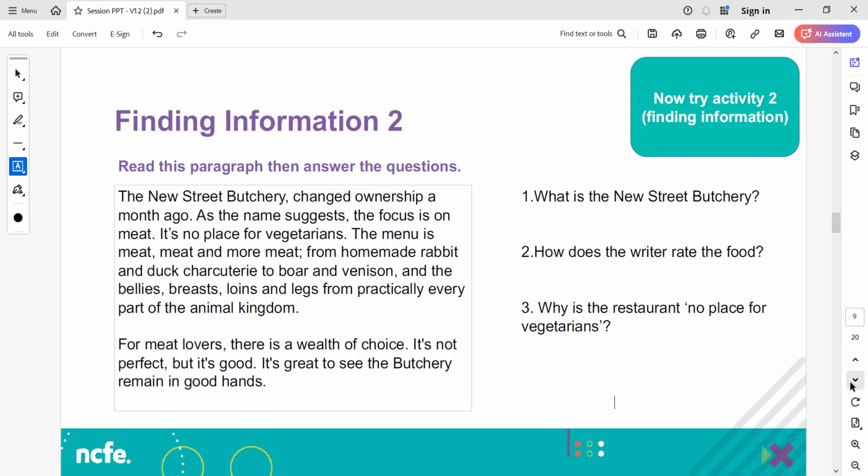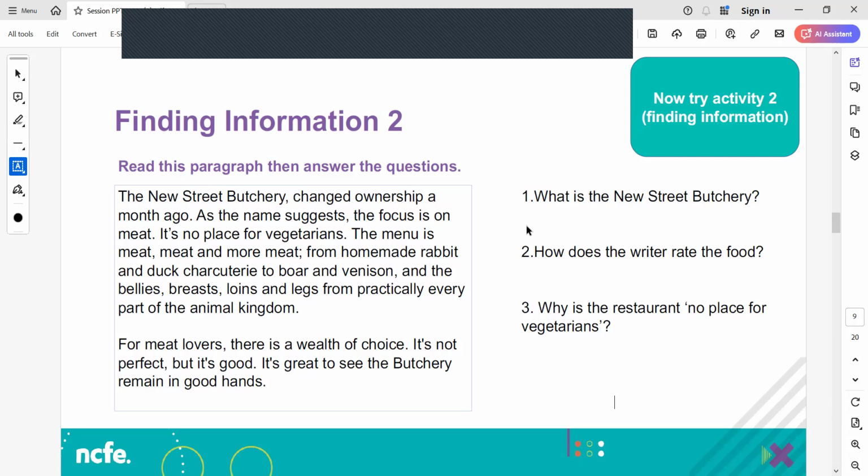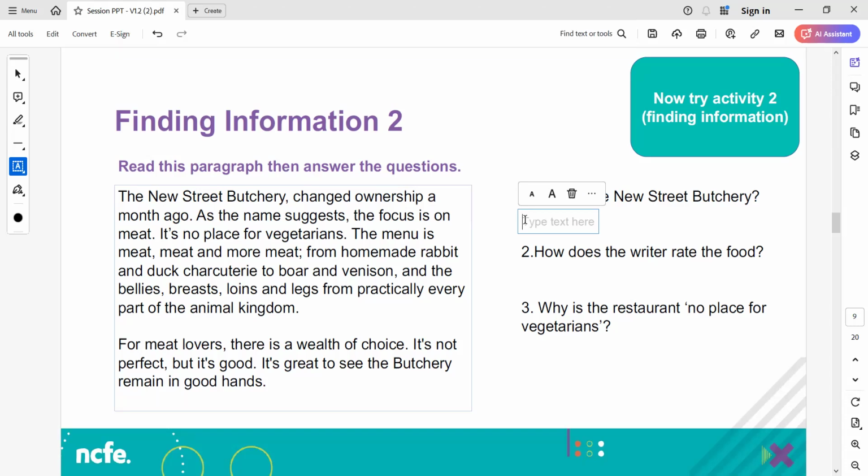So, question 1. What is the New Street Butchery? Does anyone want to have a go at that question? For this question, you won't find a definition in the text.